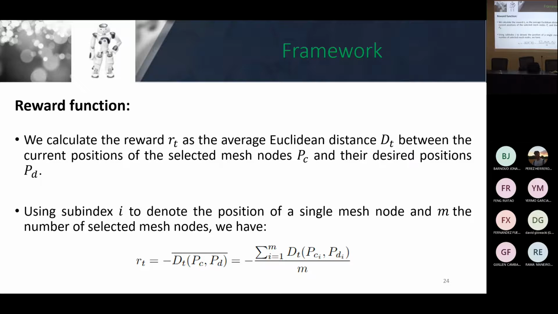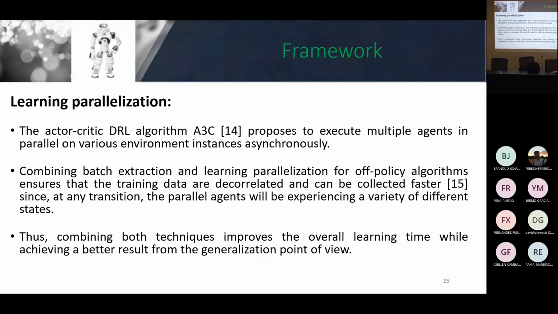And about the reward, we calculated it as the average Euclidean distance over all the selected mesh nodes over the soft object. And we also add another principle, which is learning parallelization. That principle was applied originally to another actor-critic DRL algorithm called A3C. Mainly, for doing that, we have to execute multiple agents in parallel on different instances of the environment asynchronously.